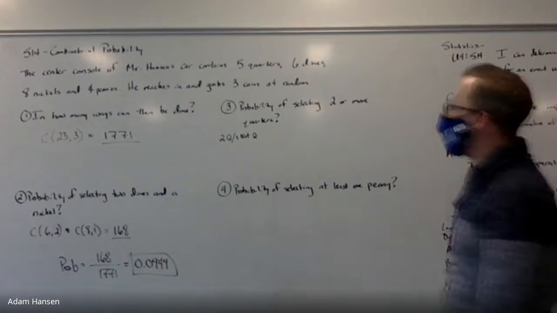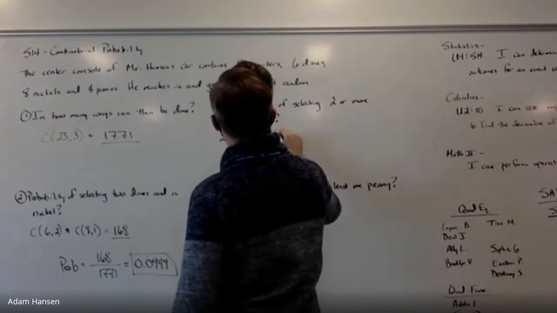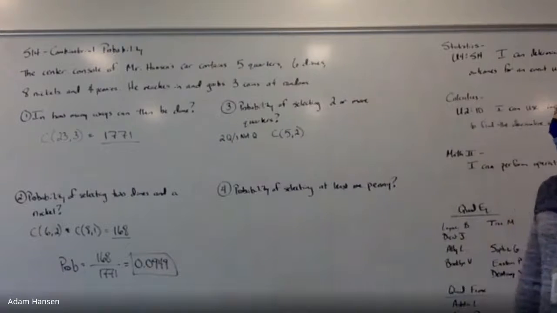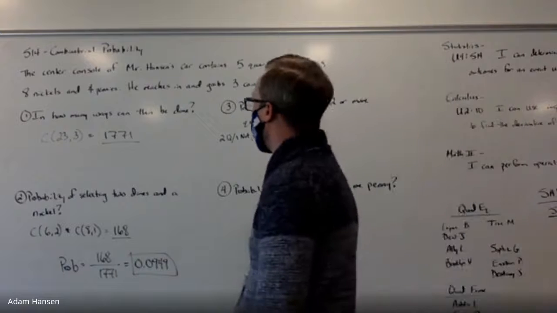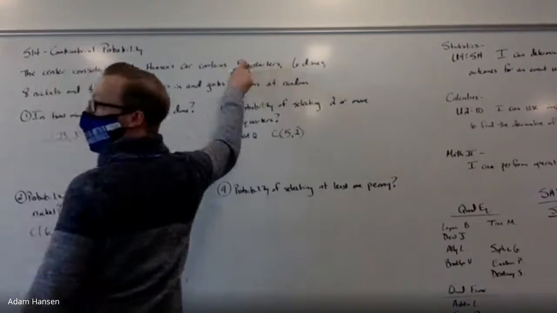How many quarters are in the console? Looks like there are 5. So 5 choose 2 gets me any 2 of the 5 quarters. How many non-quarters are in the center console? There were, what, 23 in total? 5 of them were quarters? That sounds right. 18.